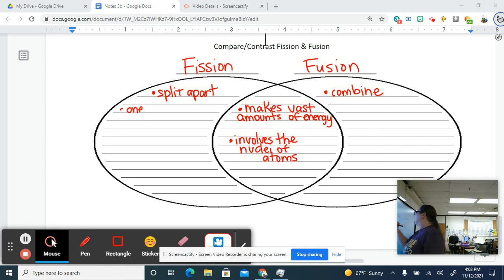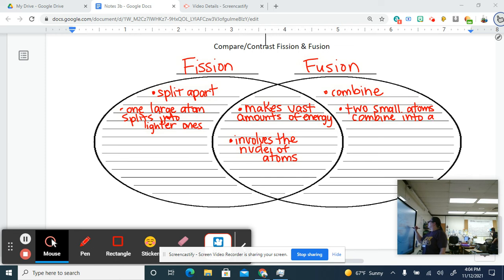So one large atom splits into smaller ones, and lighter, really. I'm going to put lighter instead of smaller. And over here for fusion, we have two small atoms combine into a heavier atom.